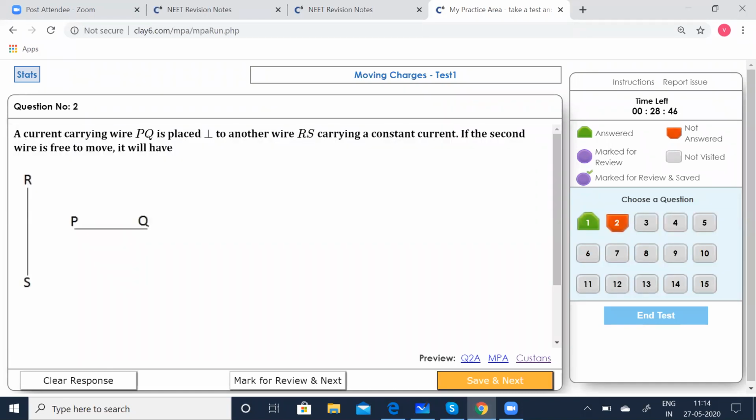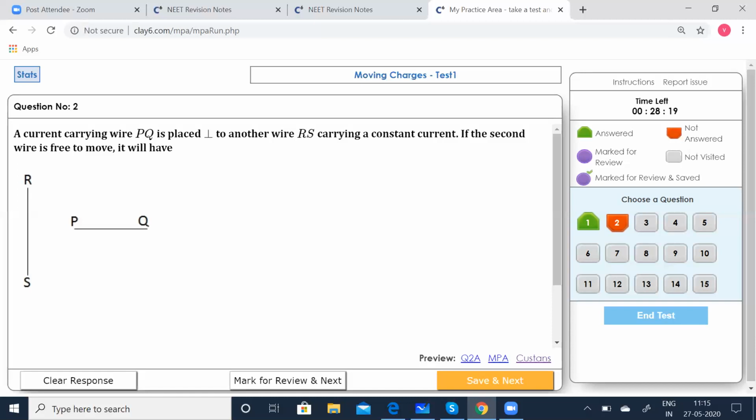Right. A current carrying wire PQ is placed perpendicular to another wire RS carrying a constant current. If the second wire is free to move, it will have, so one wire is along RS like this and another one is kept perpendicular to it. At the points P and Q, the field due to RS is different.